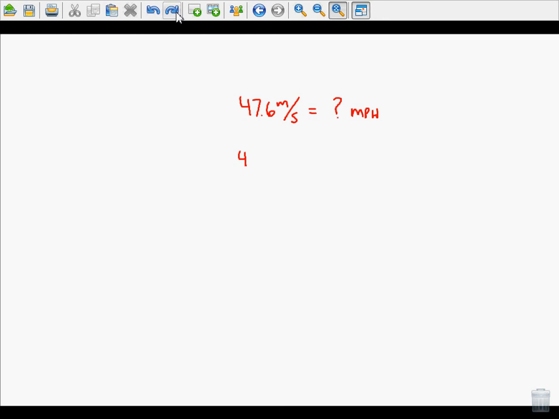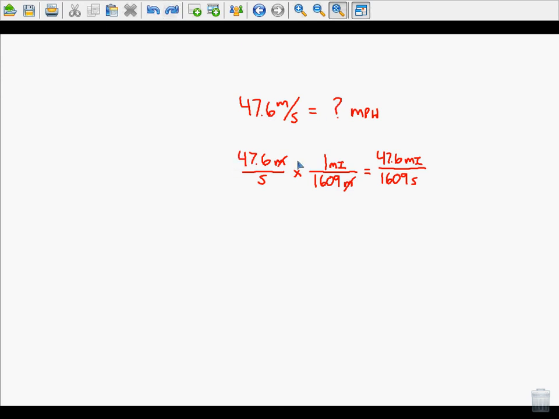So going from what the group was telling us who worked on speed and velocity, 47.6 meters per second can be multiplied with 1,609 meters on the bottom, and that is equivalent to 1 mile. Now you're going to notice that meters on top cancel out meters on the bottom, and I'm left with 47.6 miles every 1,609 seconds, because I'm just multiplying across.